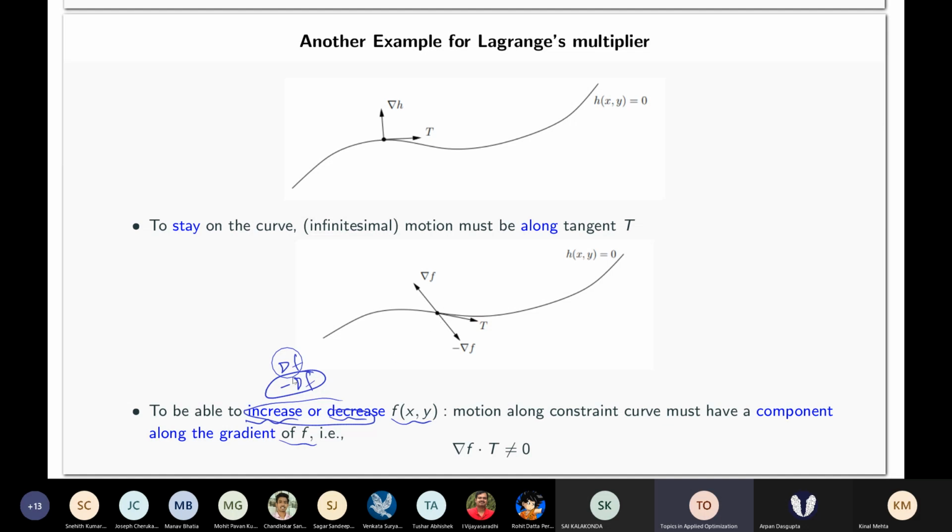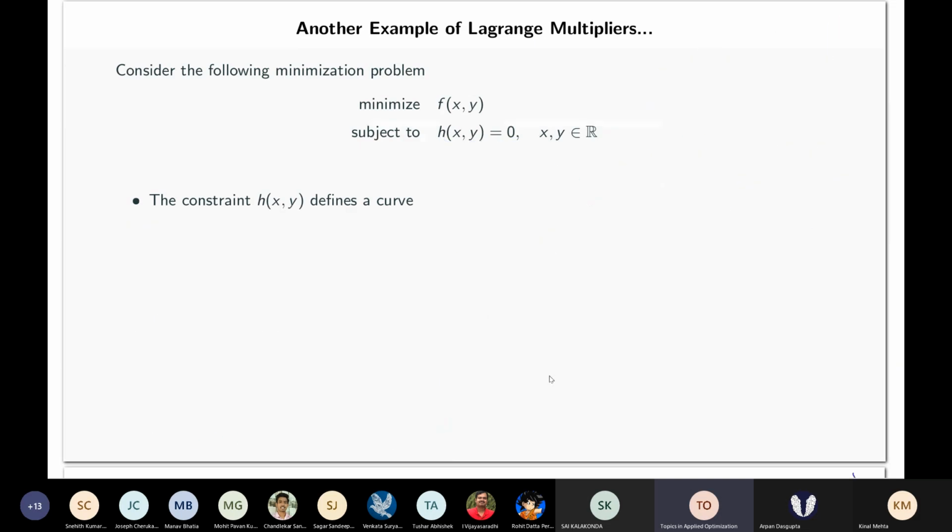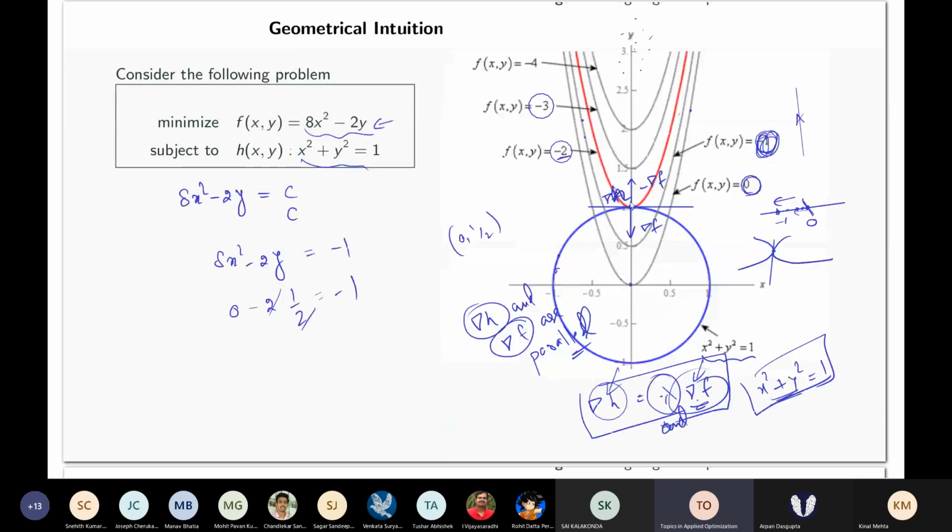The point where you will stop is exactly the point where you have no component of your tangent. If we go back to the circle example, at the point where it touched, this became exactly orthogonal to this. So the tangent at this point has no component along the gradient.